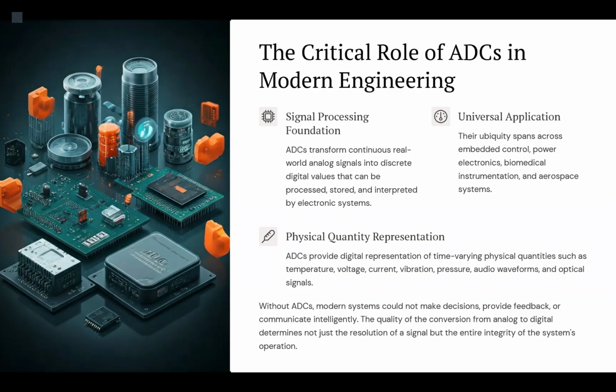The quality of your ADC basically mandates the integrity of your entire system. Without them, we don't have signal processing, we don't have automation, and we don't have a feedback system in our engineering system.